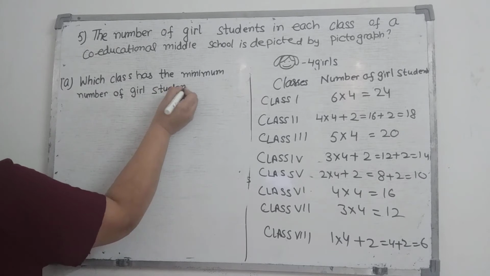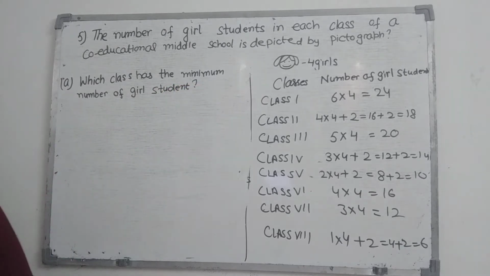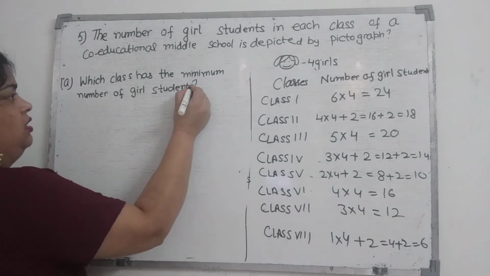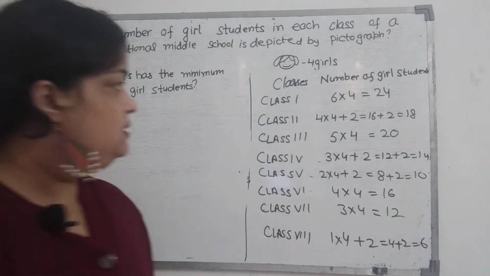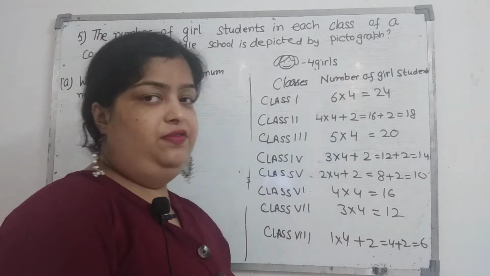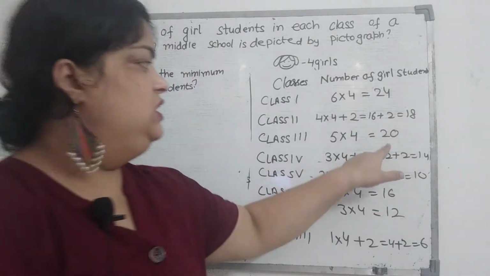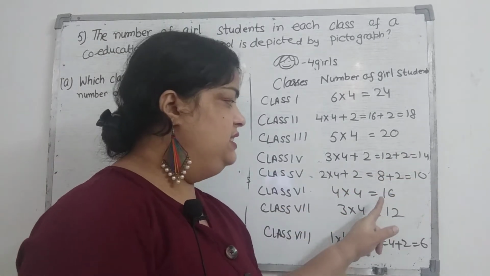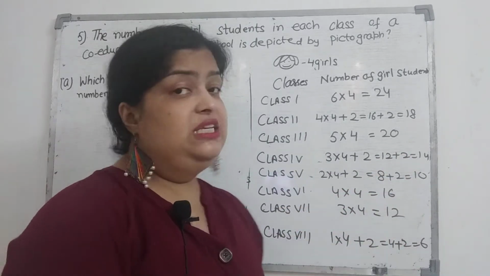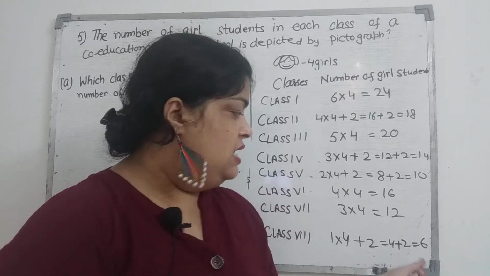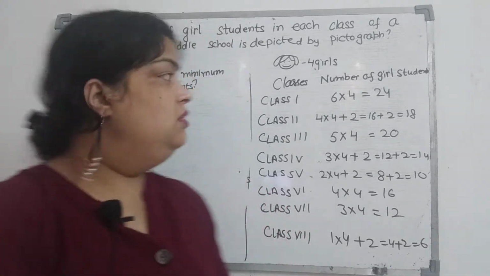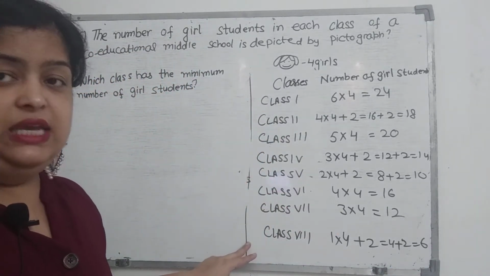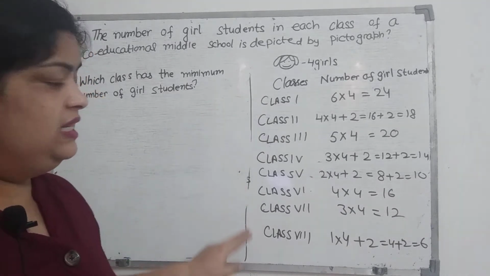Who will tell me? Yes, you can see class 1 is 24, 18, then 20, then 14, then 10, then 16, 12. 6 is less. 6 is the least number.